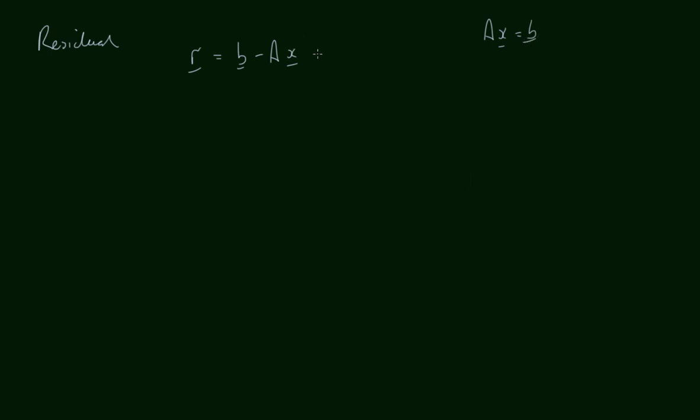The residual is some error. If our kth estimate of x was exactly equal to x, our error would be 0. So we iterate until the norm of our residual is less than a given tolerance, just some small number, as we've used before in this course, usually 10 to the minus 4, 10 to the minus 6, etc.